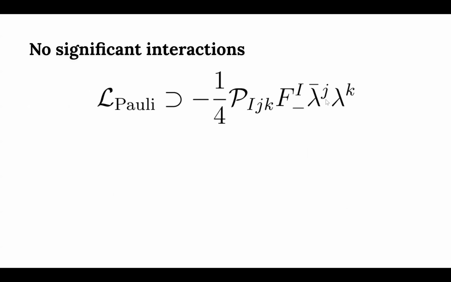So here we see this is the Pauli term, an interaction term between the gauginos and the gauge bosons. This is the field strength of the bosons. And so we are asking that this term is not giving significant mixing between the core rigid field theory and the other U1 directions.